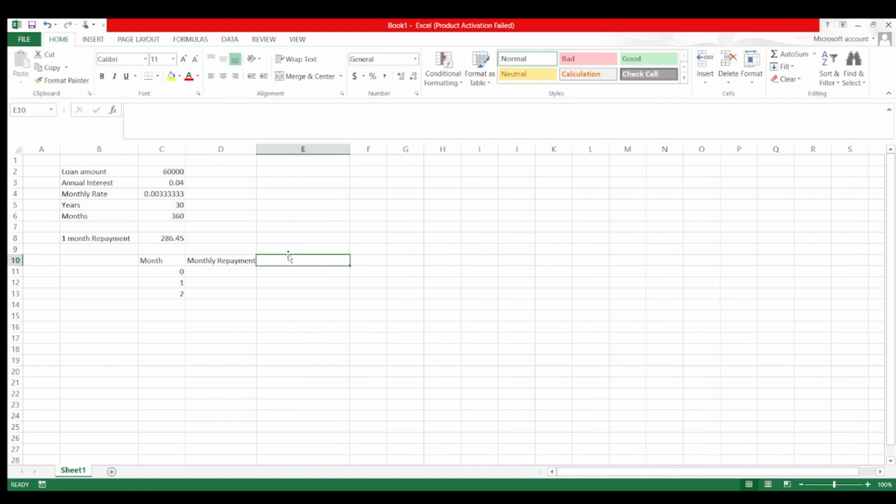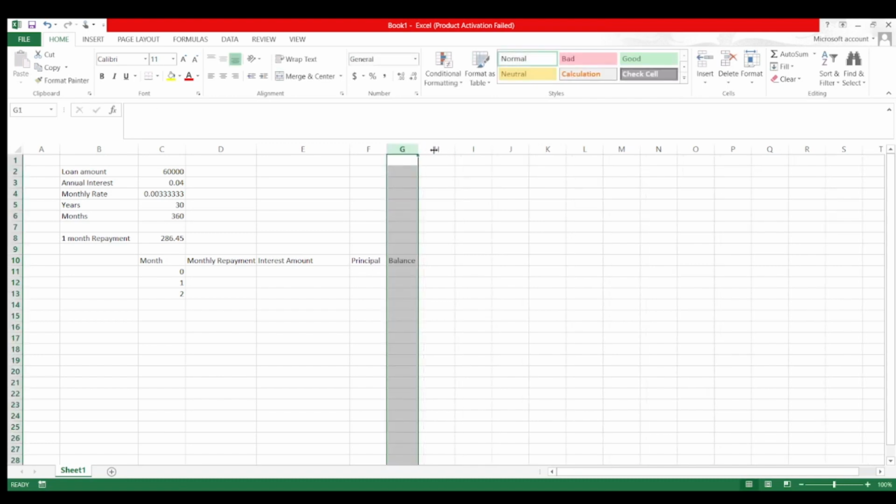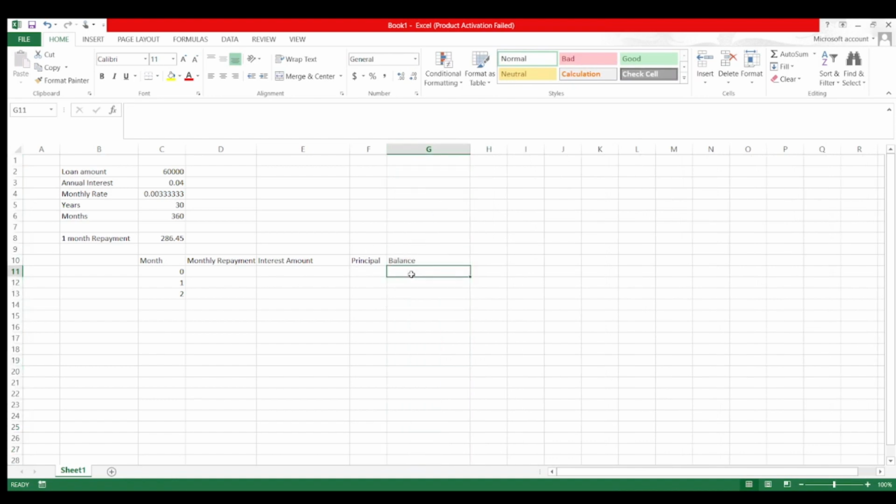And then you also need to note the interest amount, the principal, and the loan balance. At the beginning of the period, our loan amount is 60,000. At the end of the first month, we will pay 186.45. This will be the amount paid for the first month.